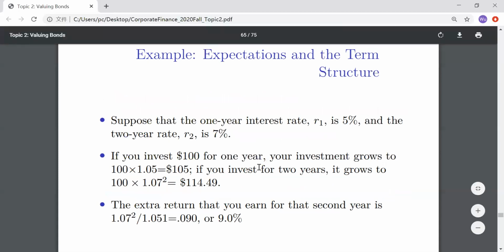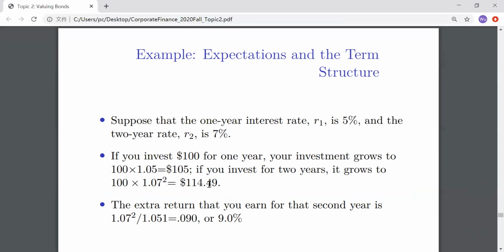This example actually shows that. Suppose the 1-year interest rate is 5%, the 2-year rate is 7%, right? If you invest 100 for 1 year, then the investment grows to 105. If you invest for 2 years, it gives you this amount. So now the extra return that you earn for that second year is going to be 9%, right?